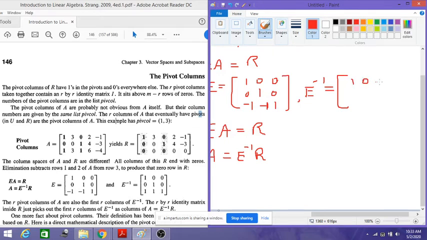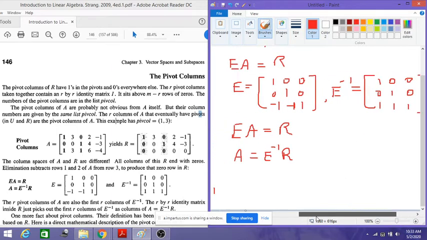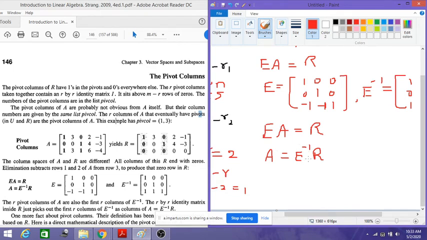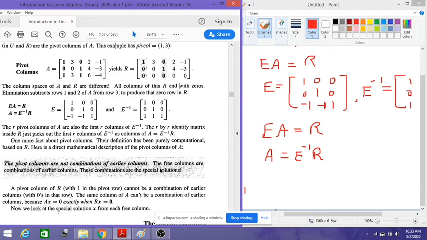So here we have 1 0 0, then 0 1 0, then 1 1 and 1. So this is my inverse of the elimination matrix. So A can also be obtained by multiplying the inverse of the elimination matrix with the reduced matrix. Then we can state that the pivot columns are not combinations of earlier columns.